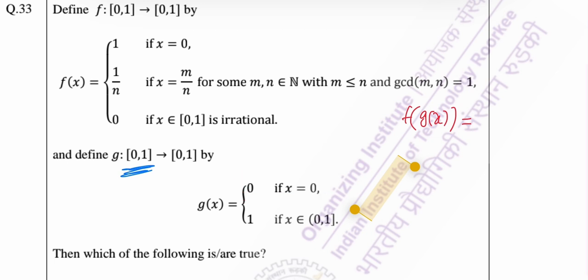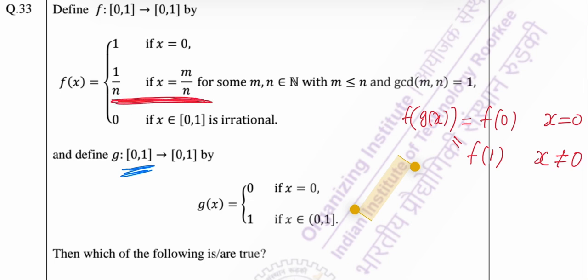So here will be f(0) for x equals 0, and for other than x equals 0, it is 1. So this will be equal to f(1) for x not equal to 0. And you see f(1) with this you can get f(1).